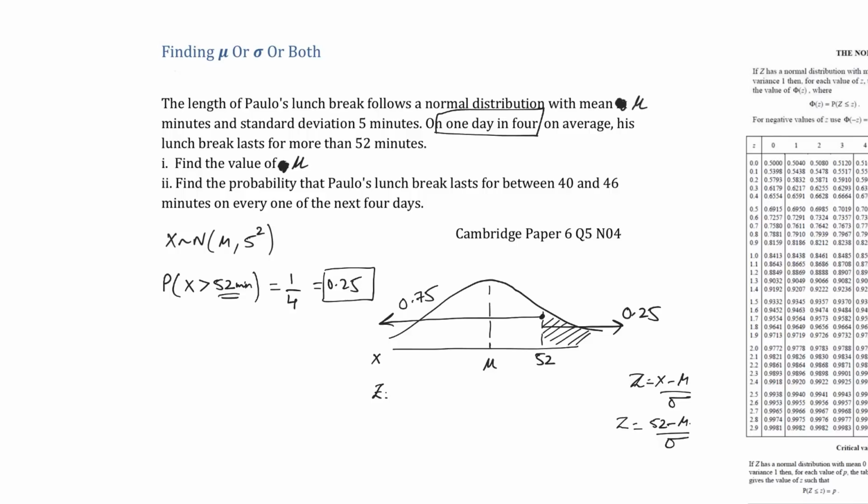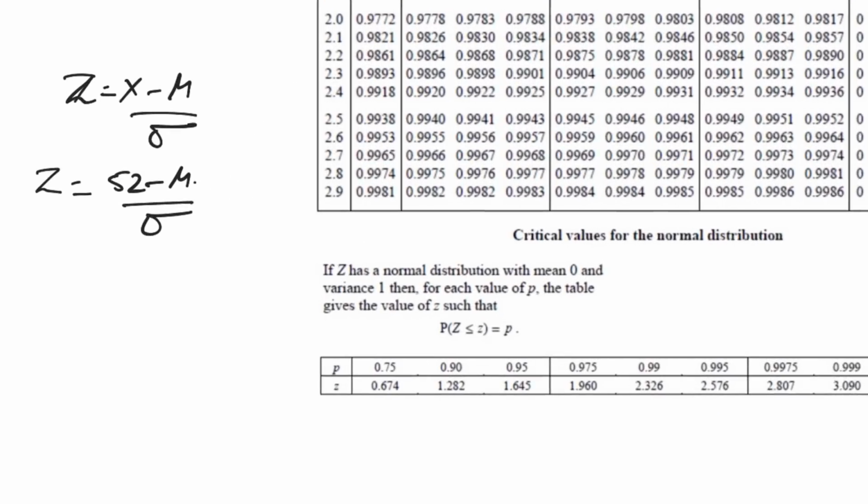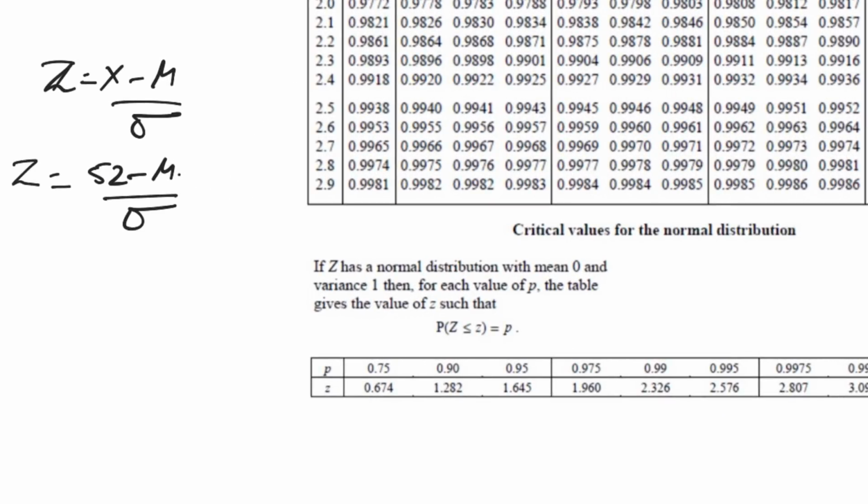So using the probability of the body area, we will have to do the reverse working and find the z value at 0.75. At the probability of 0.75, you can use this small table beneath. You can see that the z value is 0.674.